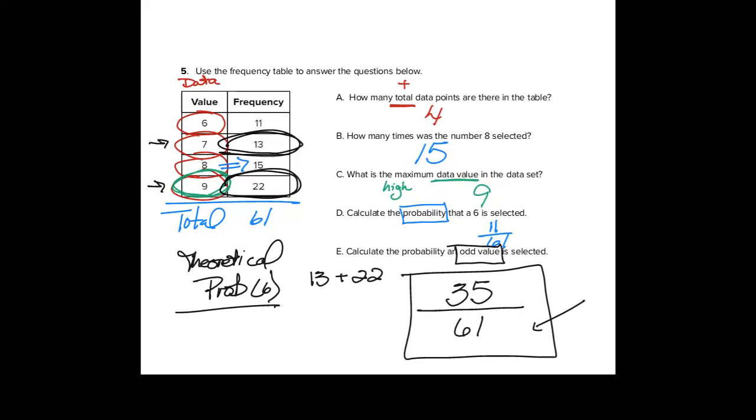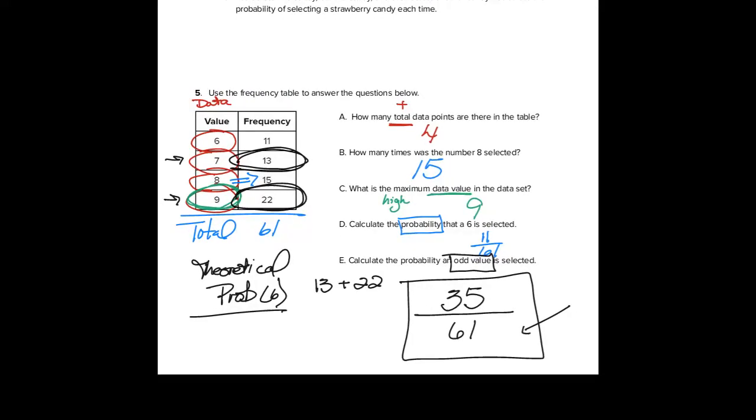How many numbers do you have total? Theoretical probability of getting a 6 in theory. Yeah, it's 4, and 6 is 1 out of those 4.